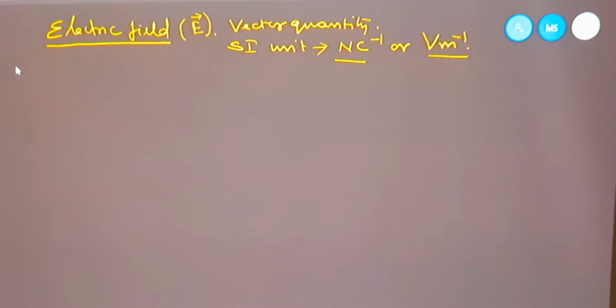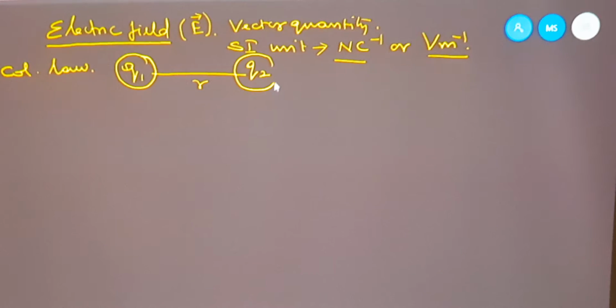Already we have studied Coulomb's law. What have you studied about Coulomb's law? You have a charge Q1 in your medium. If you bring another charge Q2 from a large distance towards Q1 to a distance R, this charge Q2 interacts with Q1, and that interaction we call the electrostatic force.